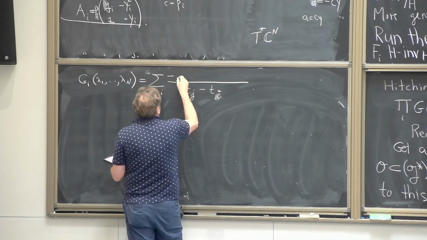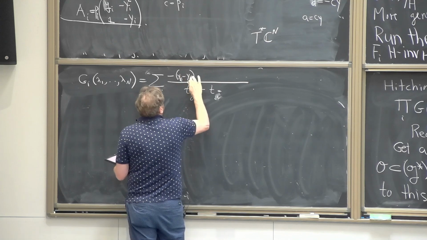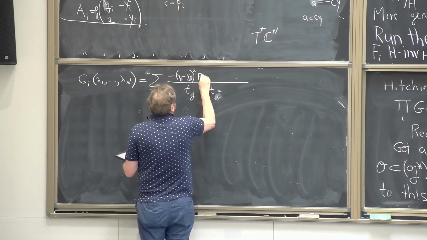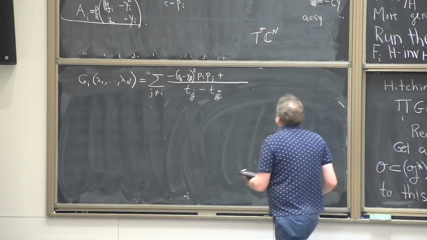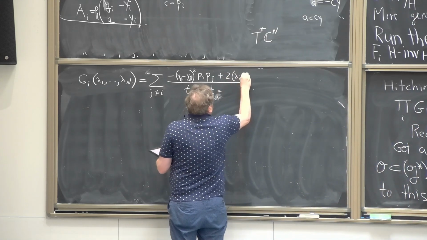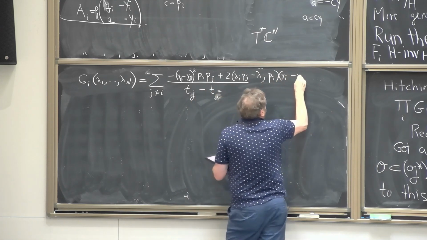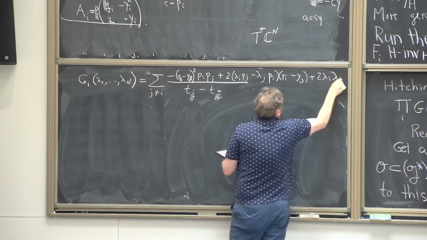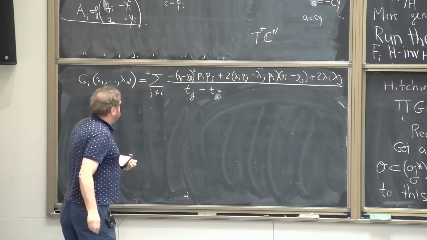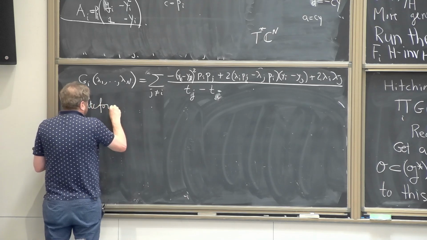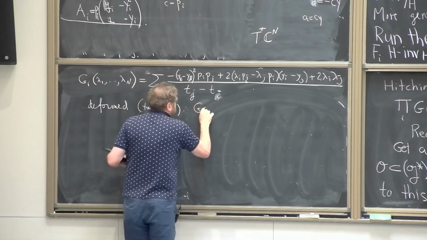And here is going to be minus (y_i minus y_j) squared p_i p_j plus twice lambda_i p_j minus lambda_j p_i times (y_i minus y_j) plus twice lambda_i lambda_j, like this. And so that's a deformed or twisted Garnier system.